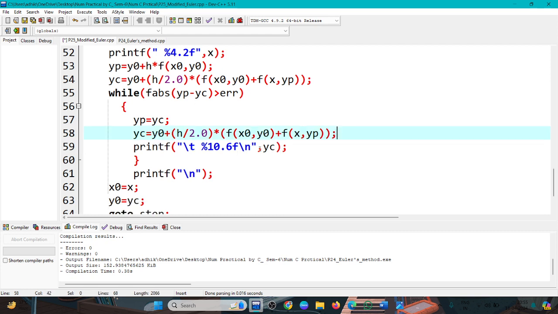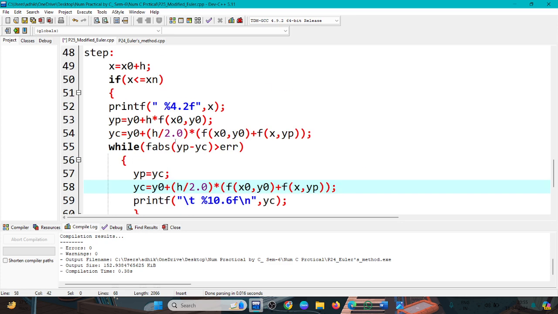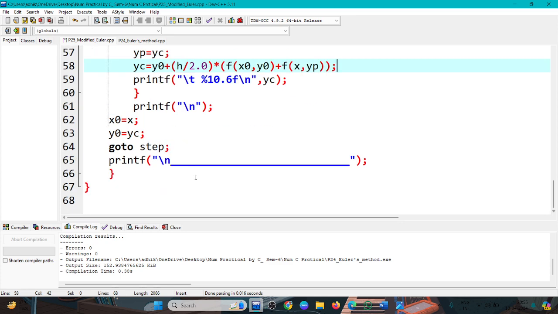And print this corrector value yc, and print a new line. Next, x0 equal to x0 plus h, and y0 equal to yc, the corrector value. Go to the step and print.